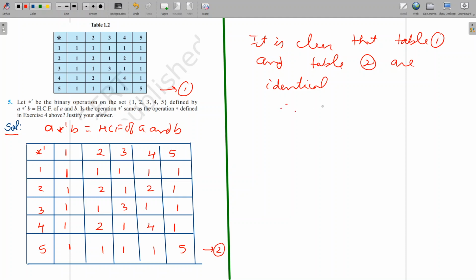Therefore we can say that star and star dash are the same operation. So this is the answer of question number 5.